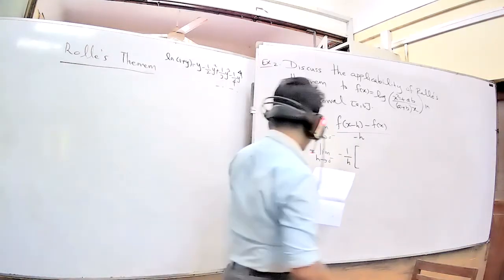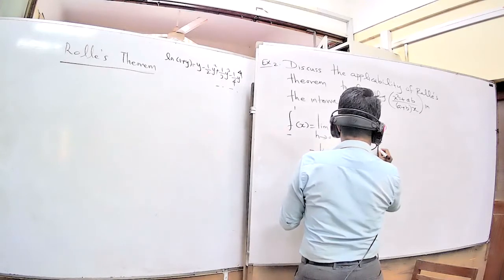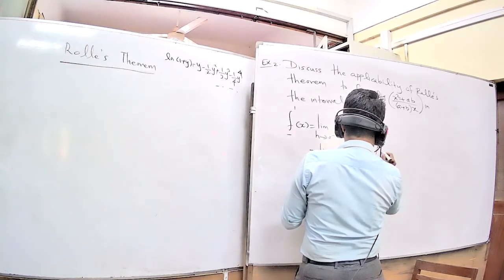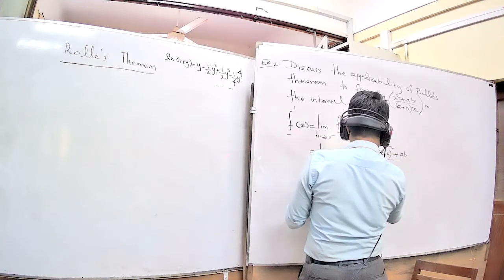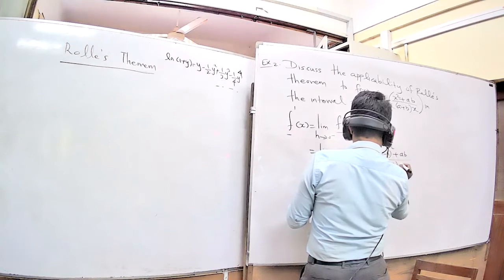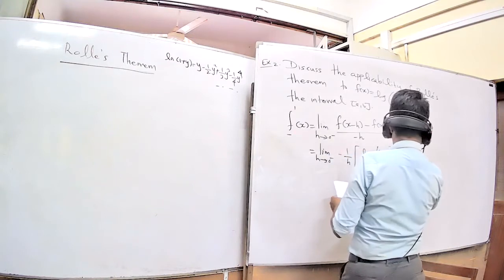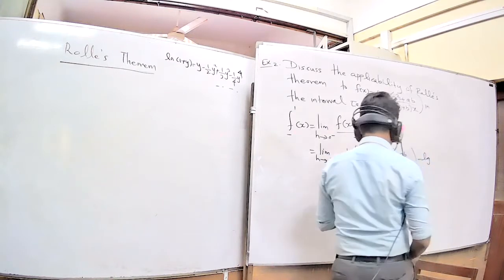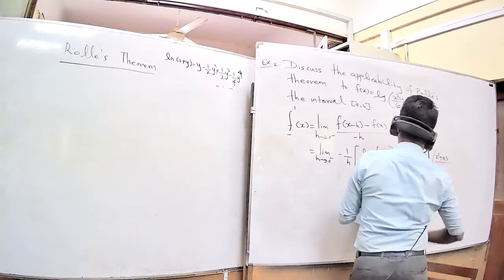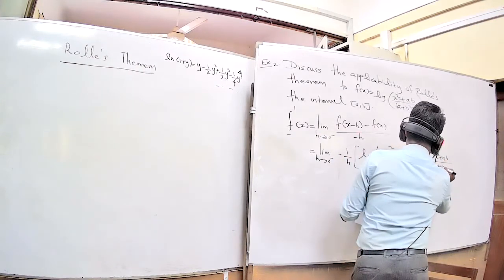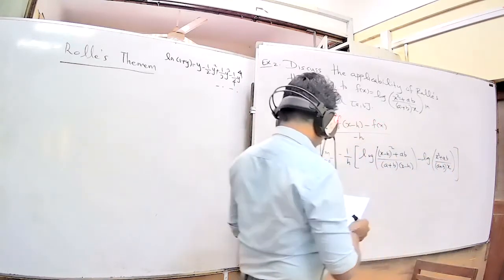f of x minus h is log of x minus h squared plus ab, a plus b x minus h, log of x squared plus ab, this one.